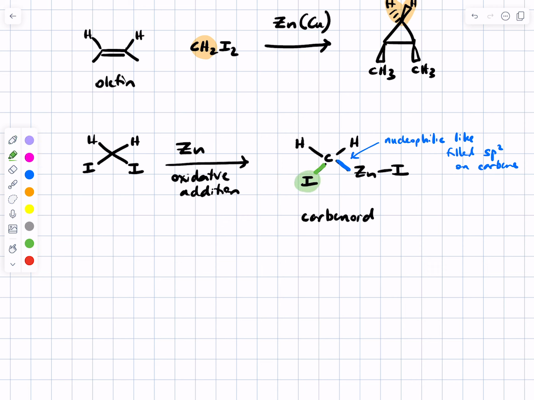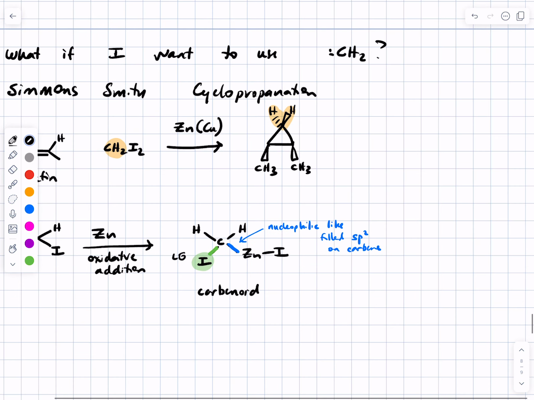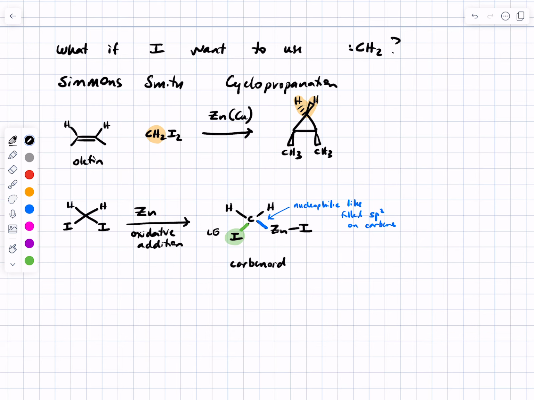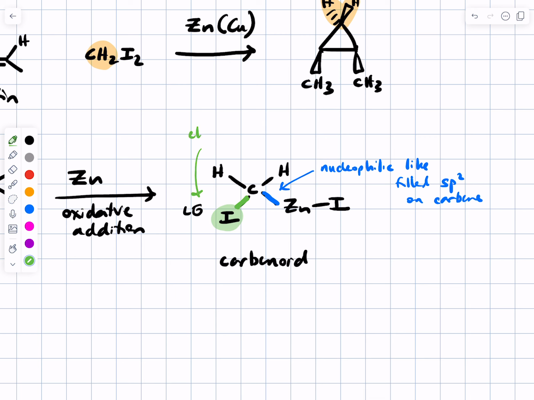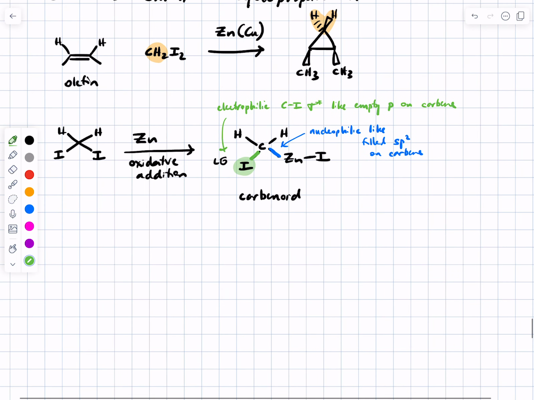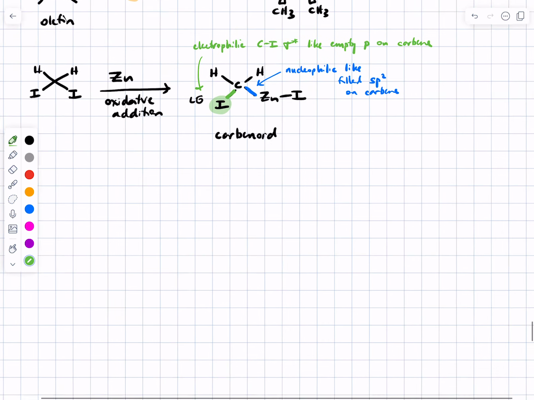Here I've got a leaving group, which has not left yet, but the sigma star of that carbon iodide bond could be a lot like the empty p orbital on a pure carbene. So this is going to be electrophilic. The carbon iodide antibonding orbital is somewhat like the empty p orbital on the carbene. So you can see this product, which is sometimes called the Simmons-Smith reagent, as being somewhat carbene-like.